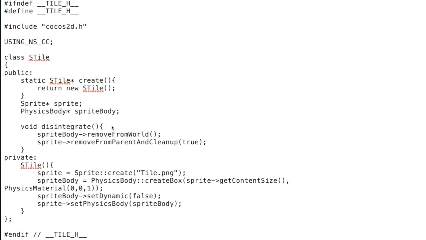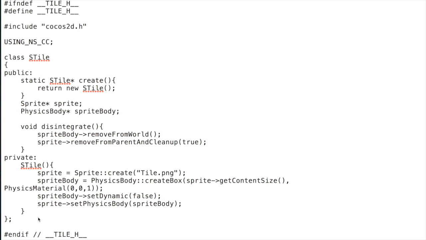When we want to remove the object, we want to make sure to remove the sprite body so that the player can no longer stand on it. So we call remove from world, and then we want to not display the sprite anymore, so we remove from parent and clean up.